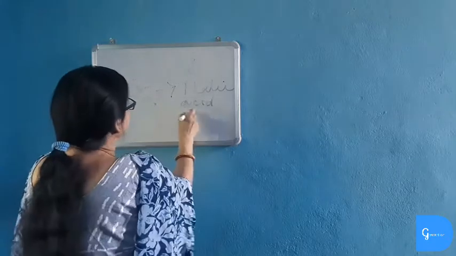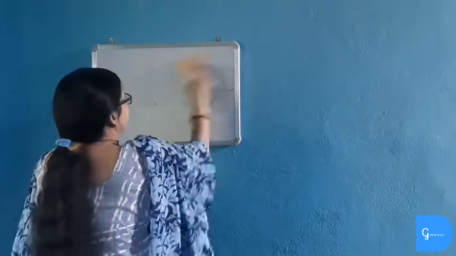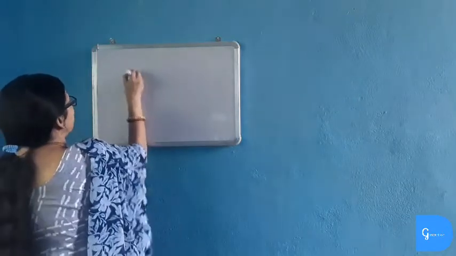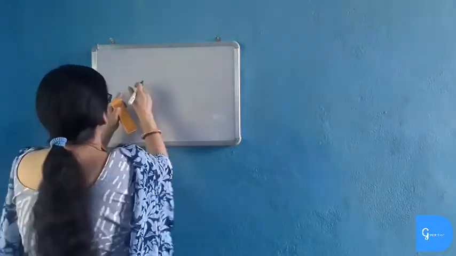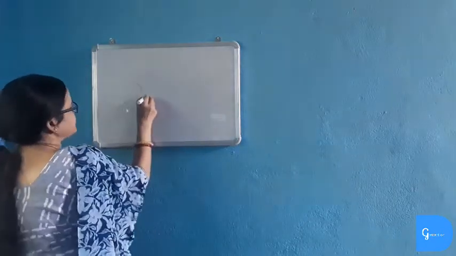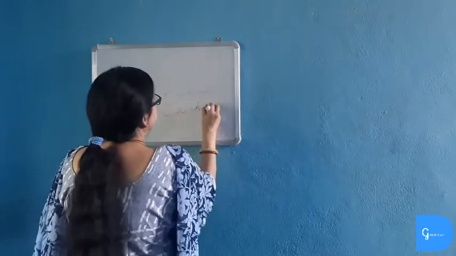This malic acid remains stored in the leaves during the night, and when it becomes morning, in the presence of solar energy, this intermediate product of carbon dioxide, which is malic acid, combines with solar energy and forms carbohydrate.